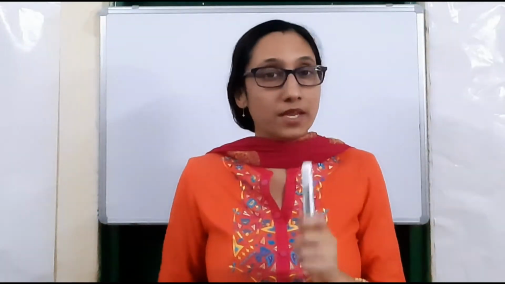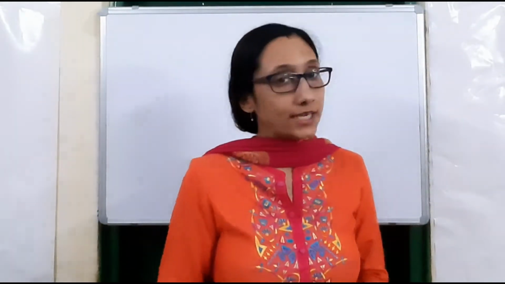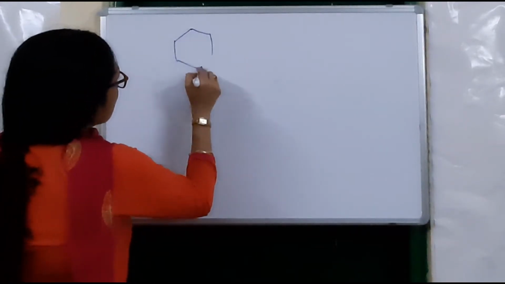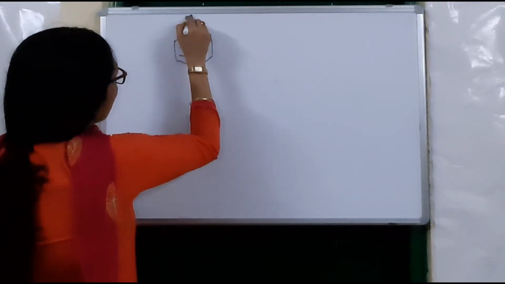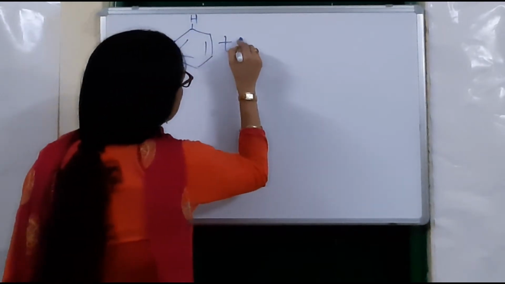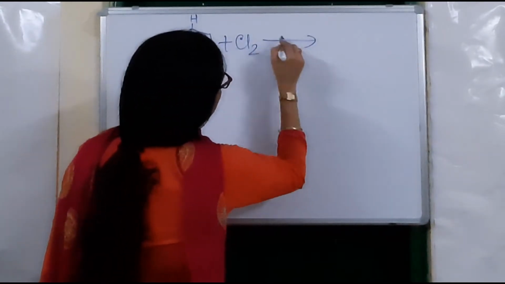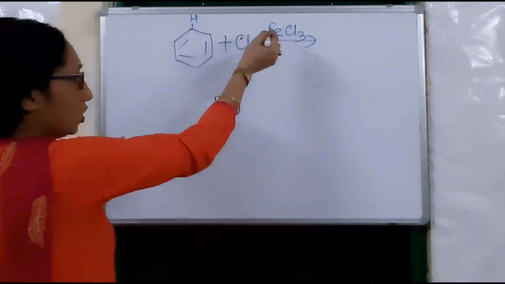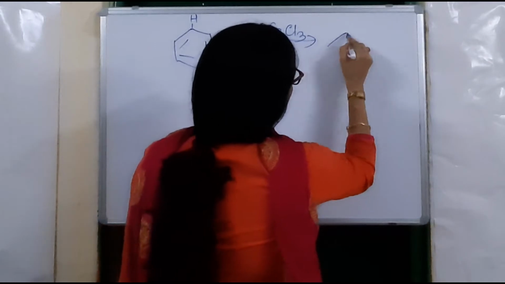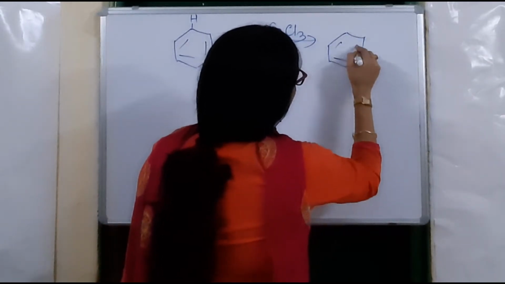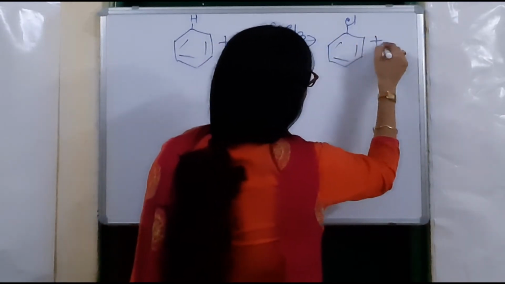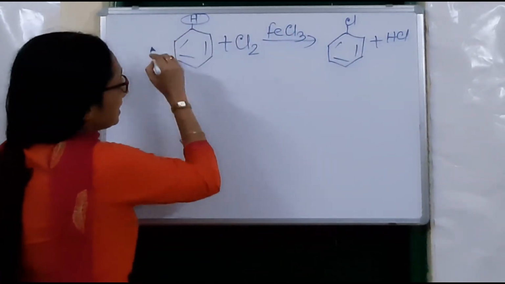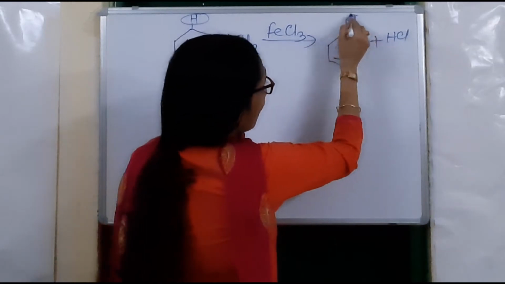Our third step involves the removal of electrophile. See, suppose this one is benzene. When you are treating benzene with chlorine in the presence of halogen carrier, that is a Lewis acid FeCl3, we are getting chlorobenzene plus HCl. Now this H of benzene is being substituted by Cl.